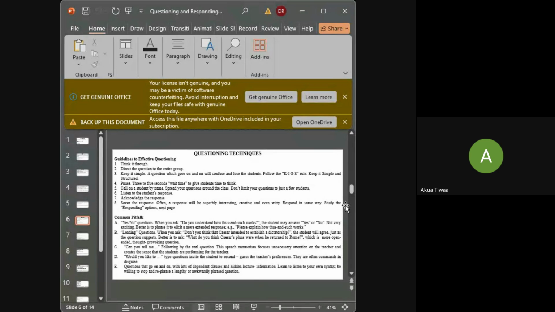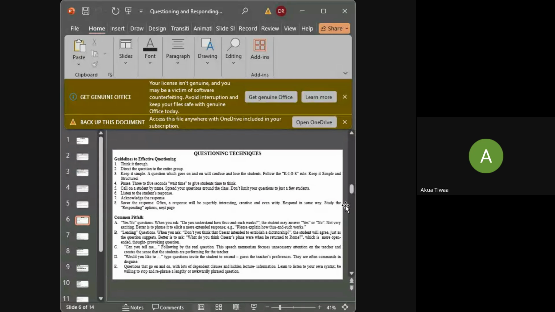If the response seems weird, if what the learner is bringing seems weird, do a perception check to find out whether what you heard was okay. So you can tell the learner, okay, come again. If that is the same thing that you are hearing, it means it is wrong. So what you can do is you can ask another person to answer.